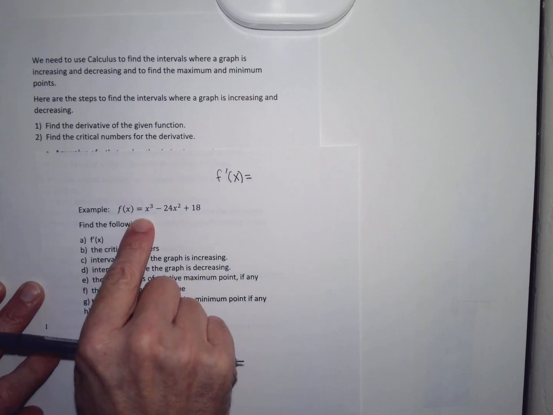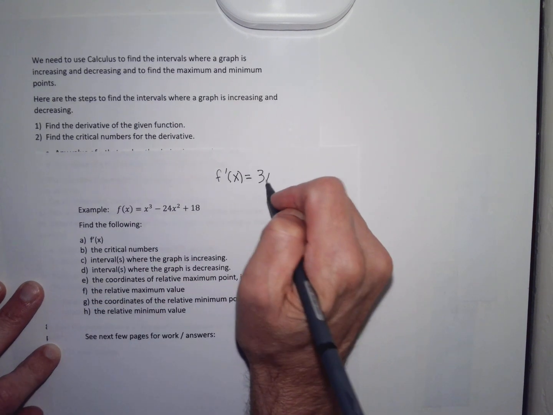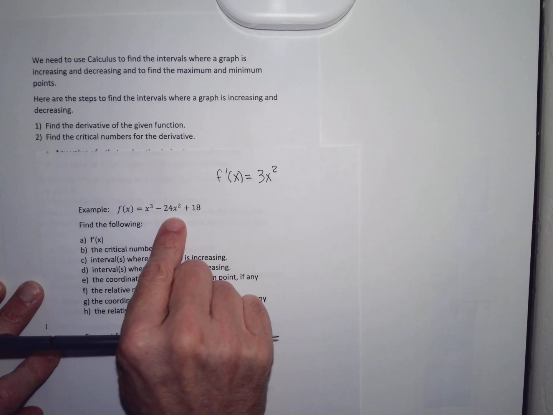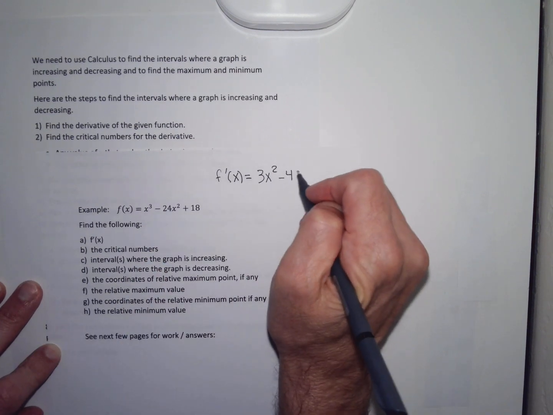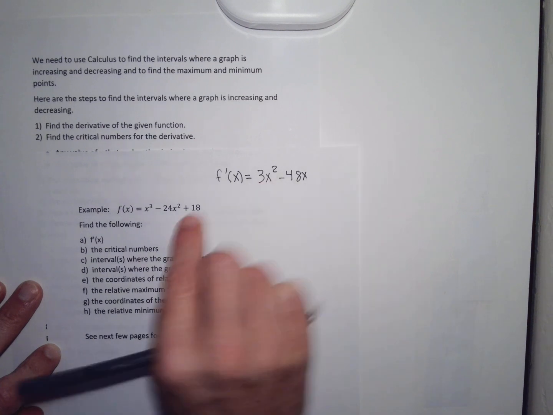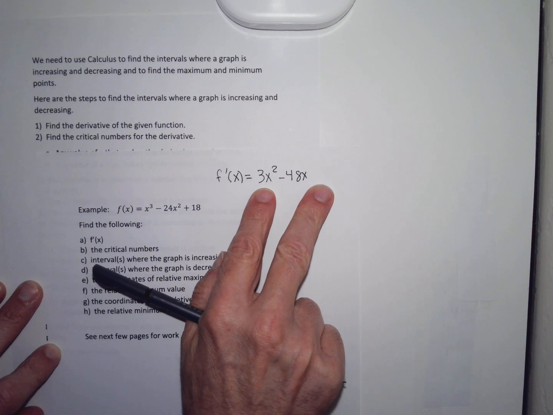The derivative of this function is simple. The derivative of x cubed is 3x squared. The derivative of minus 24x squared is minus 48x. And the derivative of 18 is 0. So the derivative of the function is just 3x squared minus 48x.